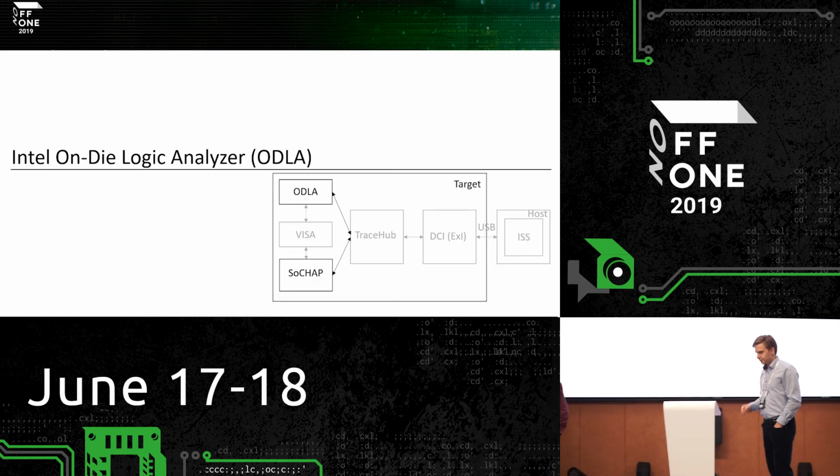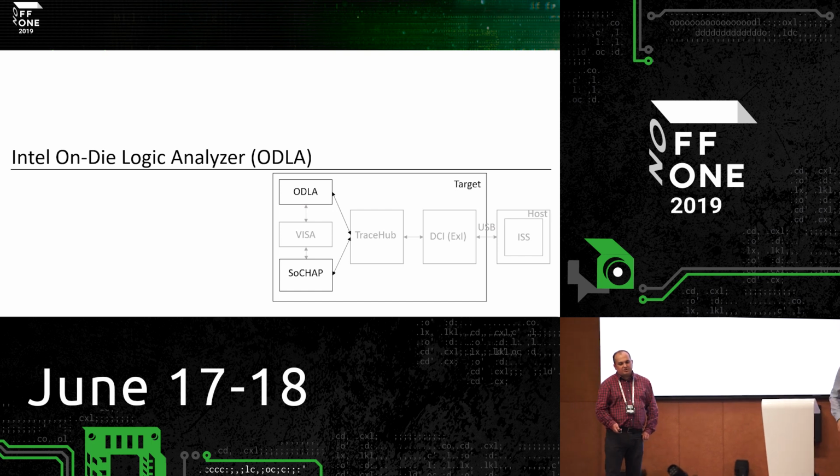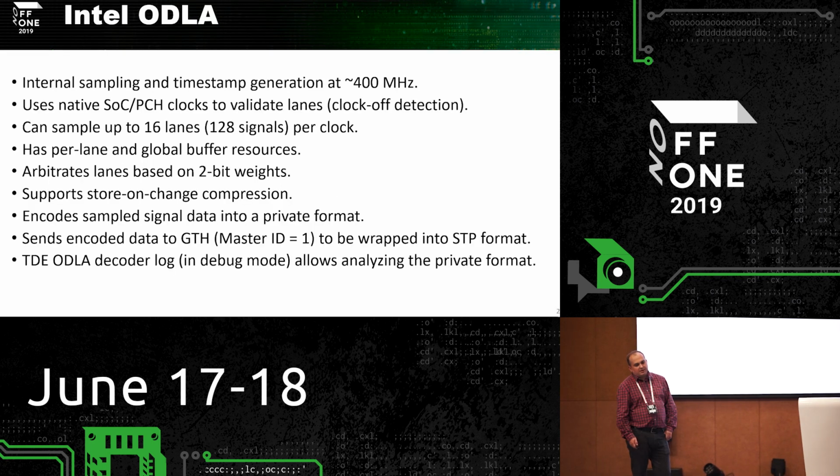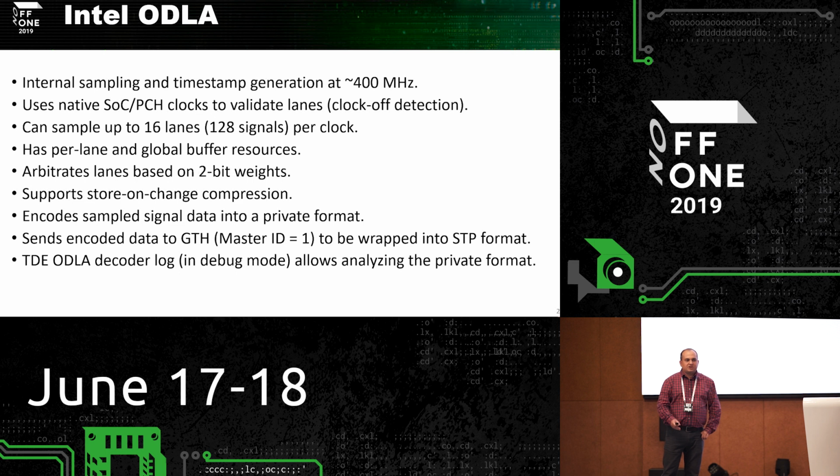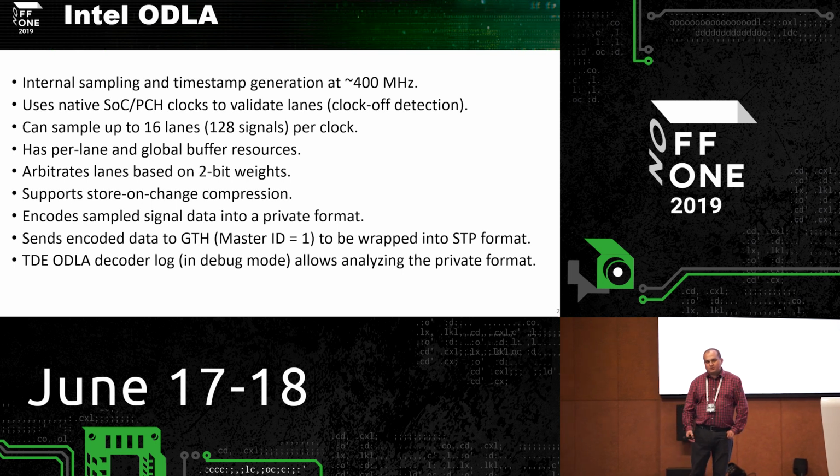And now, very briefly, about the logic analyzer itself. It only has 16 lanes, each for 8 signals. So actually, it can digitize 128 signals at the same time. This is exactly to select only 128 out of hundreds of thousands. So that's the max.